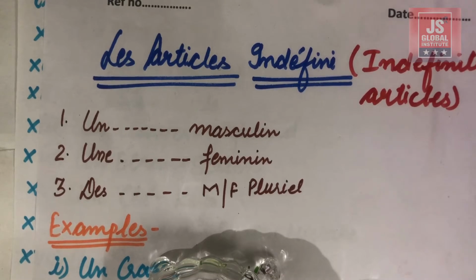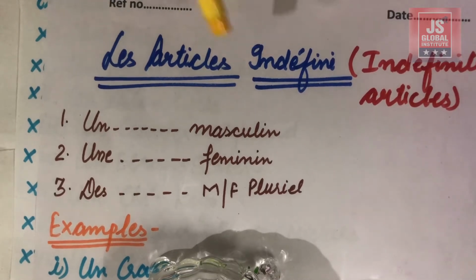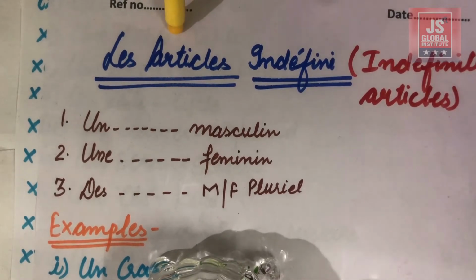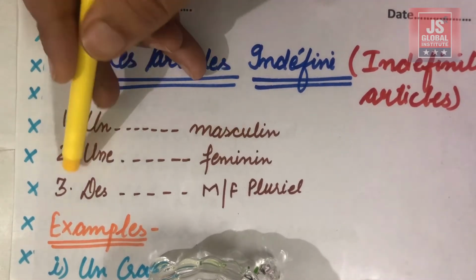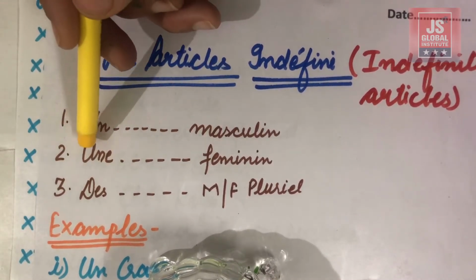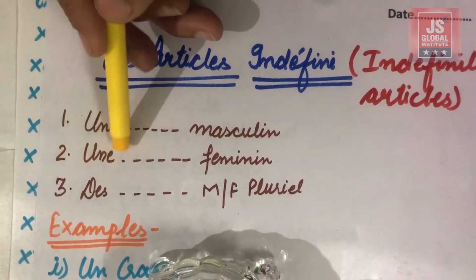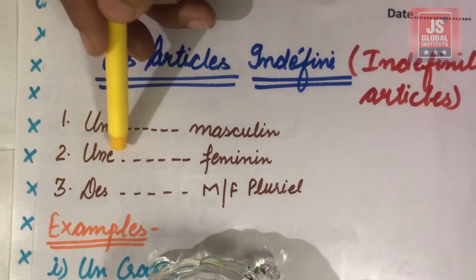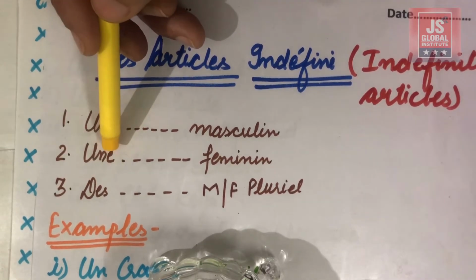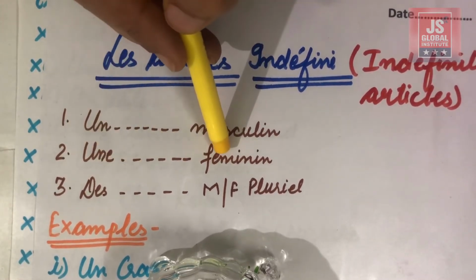That is, this language is basically divided into two genders, that is masculin and féminin. So accordingly we use les articles indéfinis, indefinite articles, for different nouns, and they are un for masculin. What is the pronunciation for this? This is written une. How do we pronounce it? Une. Repeat after me. Une. Right, so we use une for féminin.